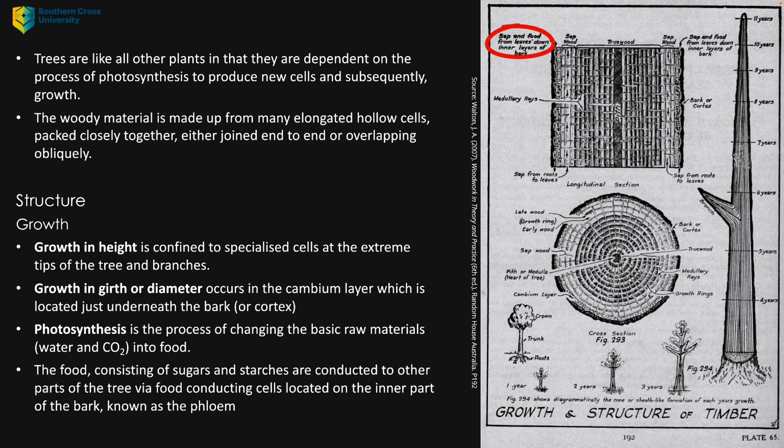So we've talked about the cambium layer and we've talked about the phloem, and those two layers are very, very close together. If we were to work from the outside in, we would say the bark is there on the outside, then just underneath that surface is the phloem, then just underneath that is the cambium layer, which is the new cells of the tree that are growing.